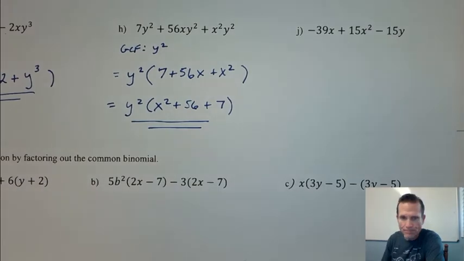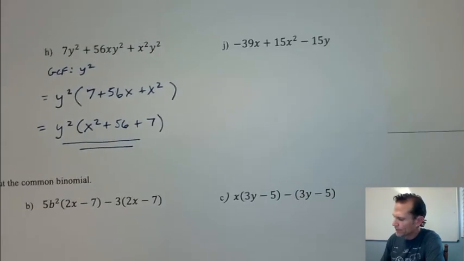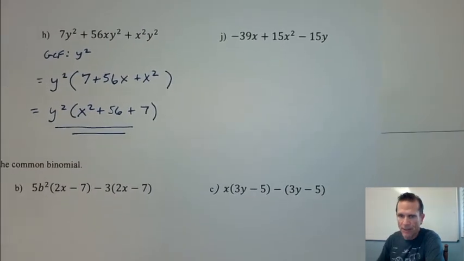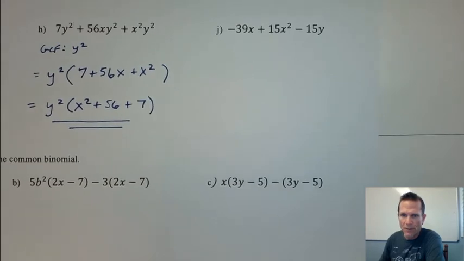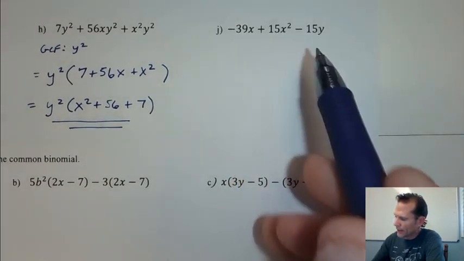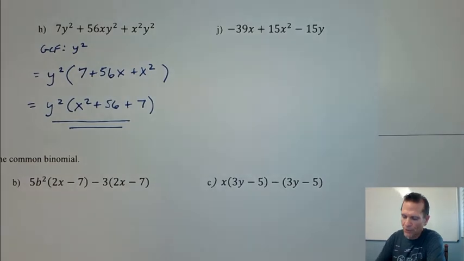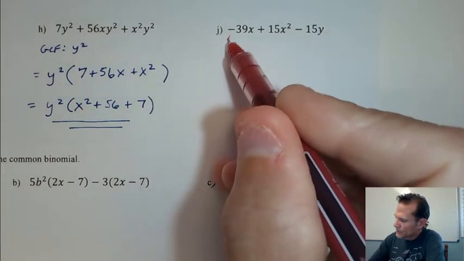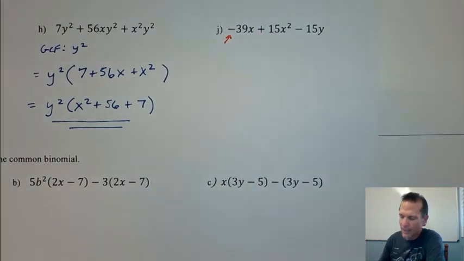Okay. And then this last one of factoring the greatest common factor, I probably wouldn't mess around with changing the order of it. You could, and then maybe the front coefficient wouldn't be negative, but just since this front coefficient's negative, I'm going to pull a negative out.